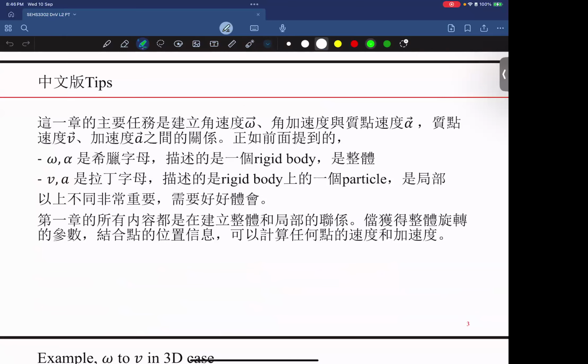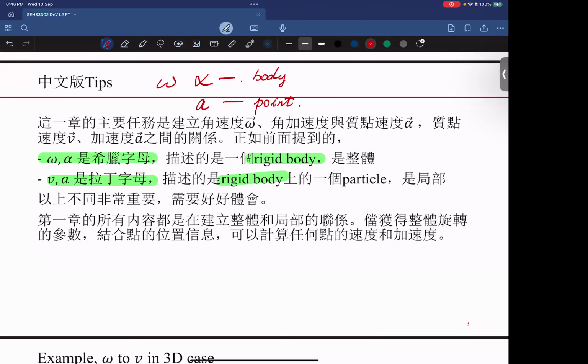So what I want to emphasize is here. In your handwriting, omega and alpha, alpha and A, you need to distinguish these two letters, okay? This is alpha and this is A. Alpha is for the rigid body, and A is for a particle or a point on the body. It's different, okay?